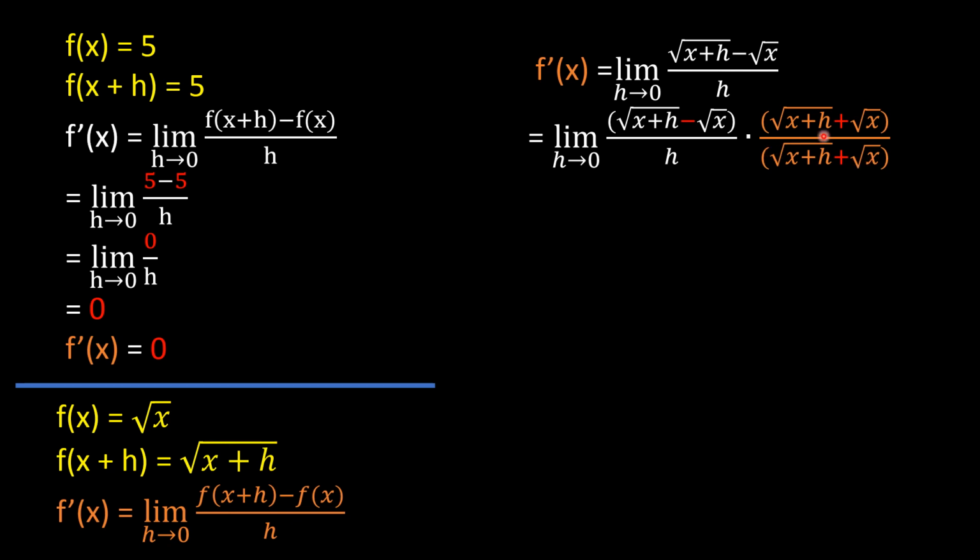Here, under root x plus h plus under root x is the conjugate of root x plus h minus under root x. In the next step, we will multiply the numerator, which will become under root x plus h whole square, which will be x plus h, and under root x whole square will become minus x.